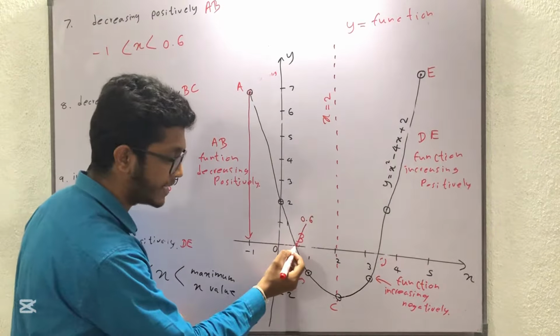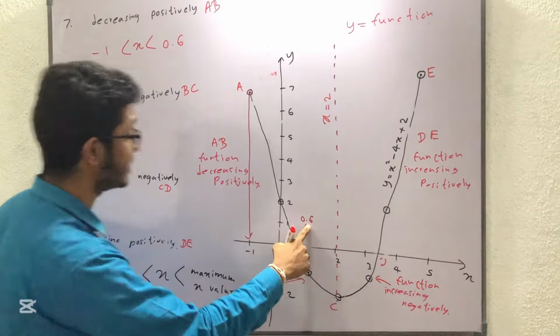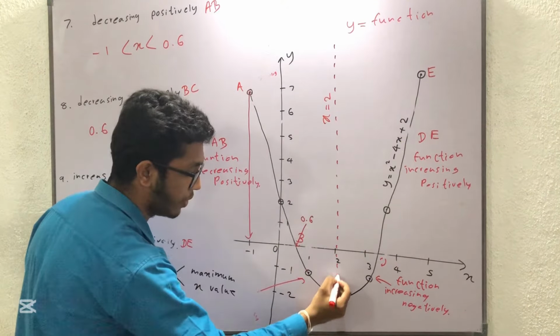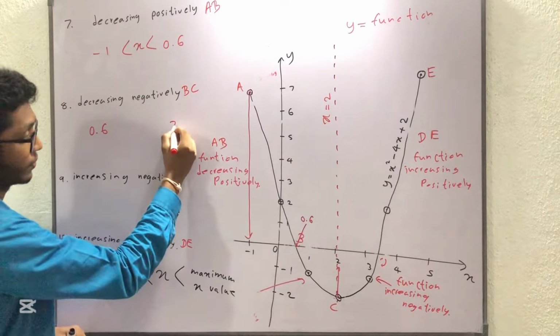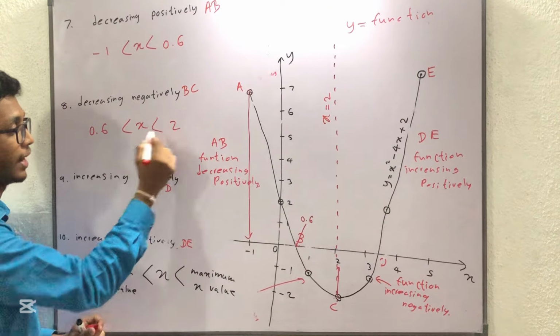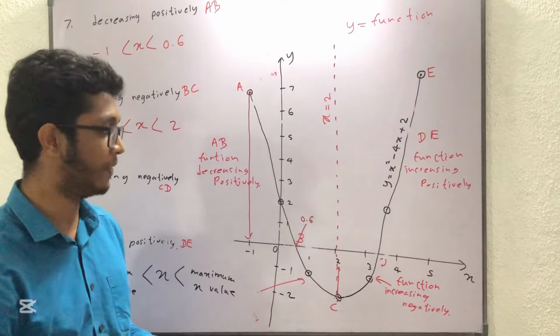In this BC part of the graph, minimum x value is 0.6. Maximum x value is 2. And in between that, we write x with this inequality mark. That is the answer for the function decreasing negatively.